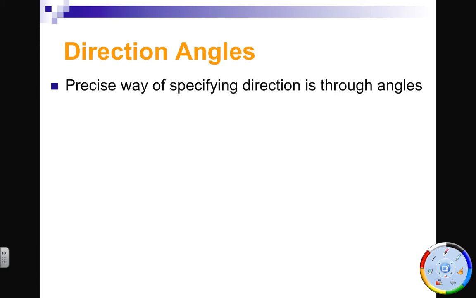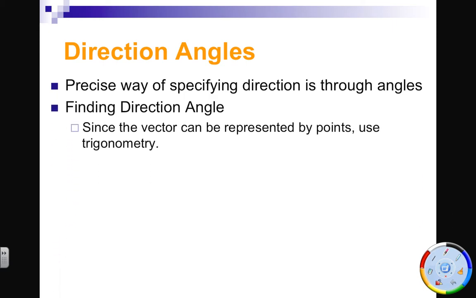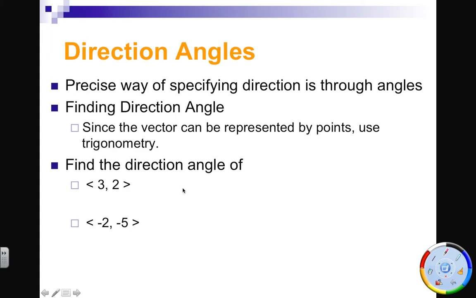So don't forget your trigonometry, because we're going to need it. We need to figure out a direction angle, and since we can use points, we can use trigonometry. If I had the point (3, 2) out here, I want to find this theta.